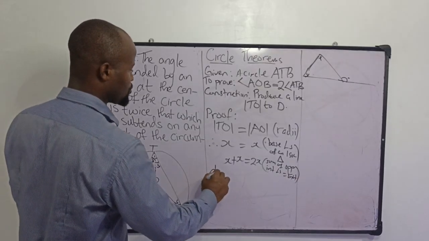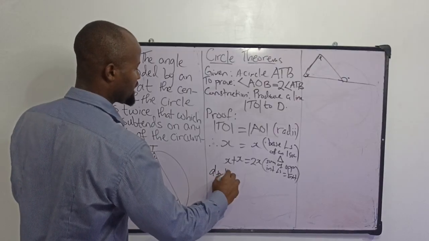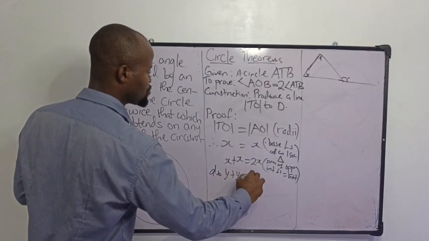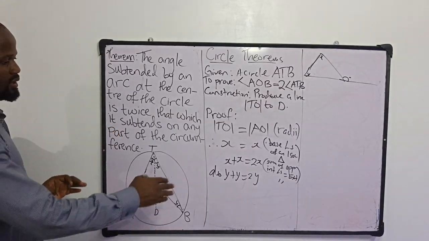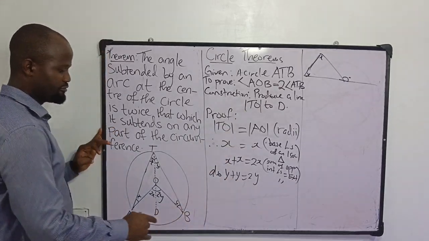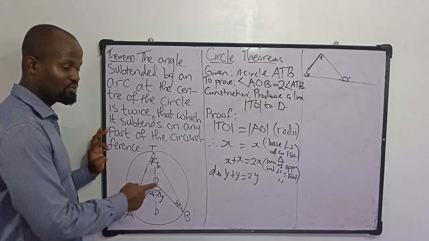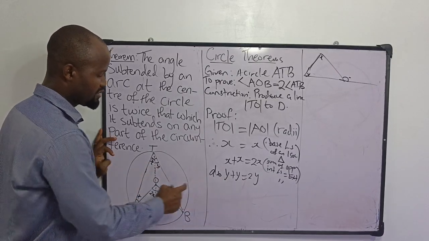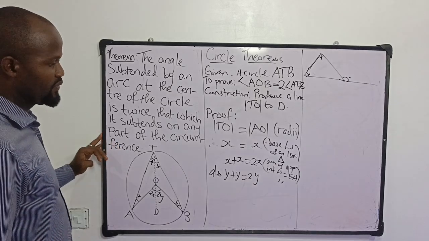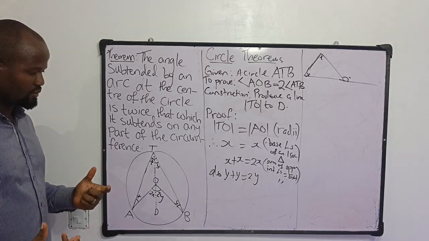So I'm going to write also y plus y equals 2y for the same reason. So everything I'm writing down in my proof, I have noted it in my diagram. So if an examiner is trying to give me marks, he sees that what I have in my proof is already in my diagram. Now, what did we just bring out?